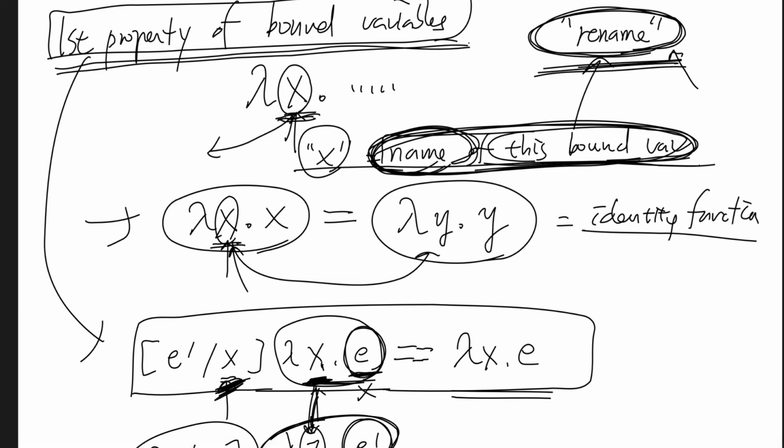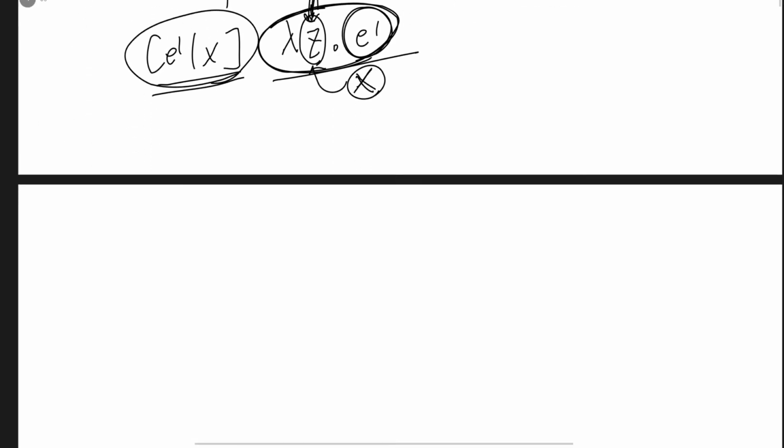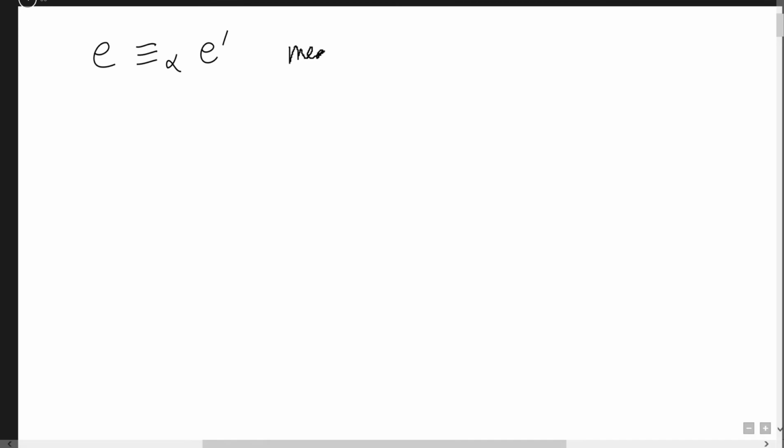So formally, we introduce a new judgment written E alpha-equivalent to E prime. And this equivalence means that you can rename bounded variables in expression E to obtain E prime and vice versa.